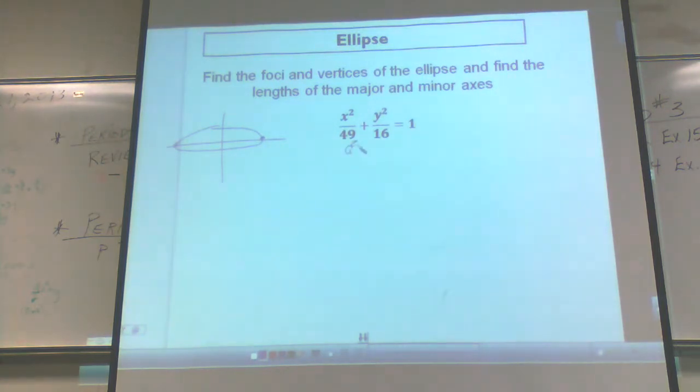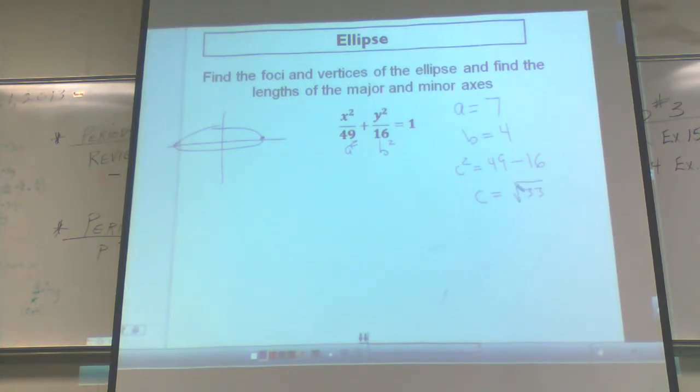So if you were to line it up with exactly what the equation was, this now would be your a squared, that would be your b squared. Right? And just like the other one, I would assume you get a, b, and c first. So a is that, b is 4, c squared is 49 minus 16. What's 49 minus 16? 33. So this is square root of 33.